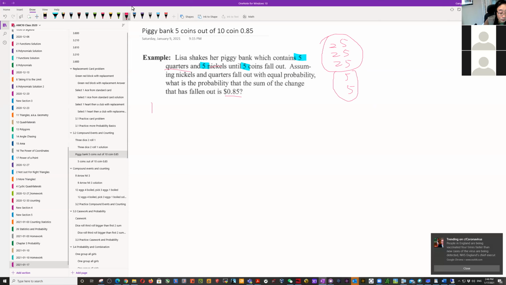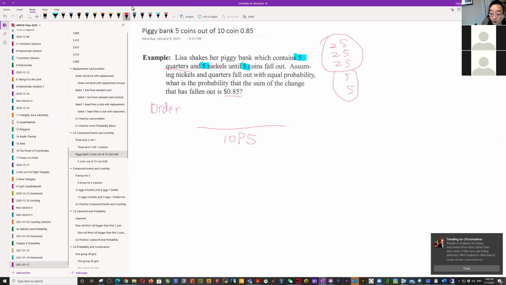If we do the ordered sets, then the tuple is going to be like a quintuple, five of those. So then the denominator is going to be 10 permute 5.